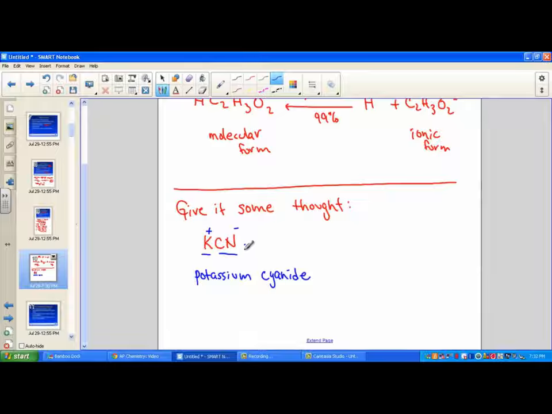Potassium cyanide, as a solid, will indeed dissolve into water. It is water soluble, and 100% of salts will dissociate into their ions, the aqueous ion of potassium and the aqueous ion of cyanide. Now friends, remember, ions only exist in water solutions.